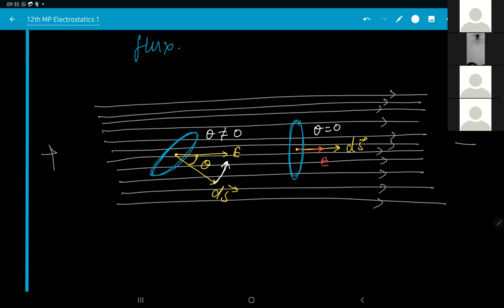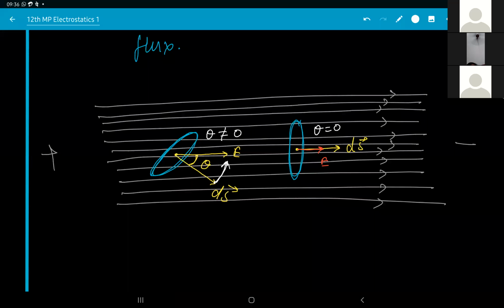So tell me any one ratio, sine or cos, whose value decreases when increasing the angle, sine or cos? Cos theta, correct.